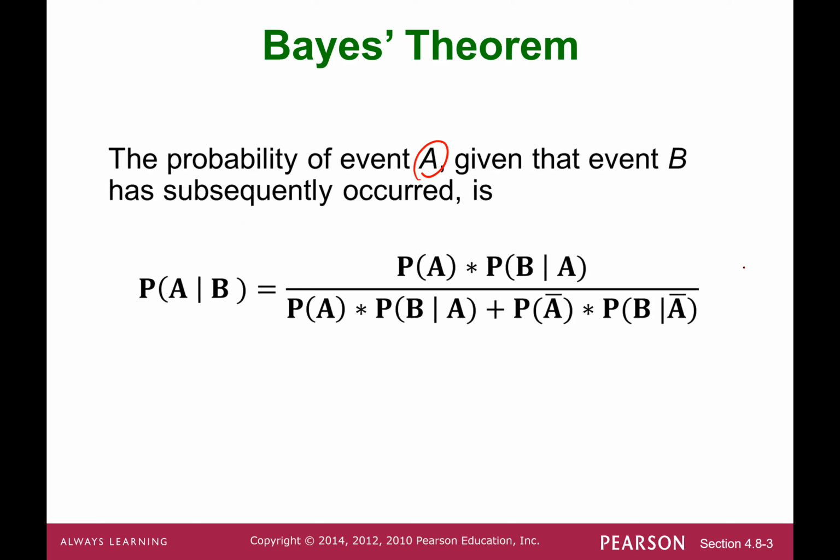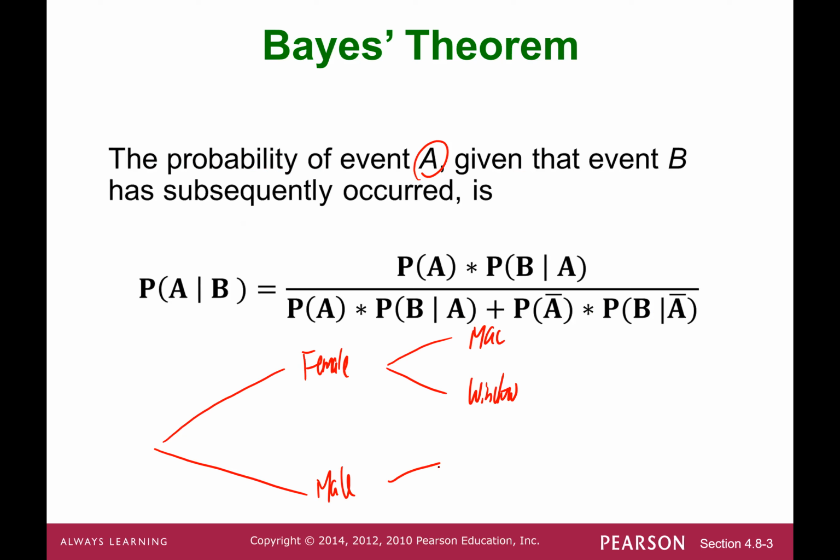So it's like this. If you draw this, the first layer is 70% female and 30% male. The second layer is Mac or Windows. Same thing for male.